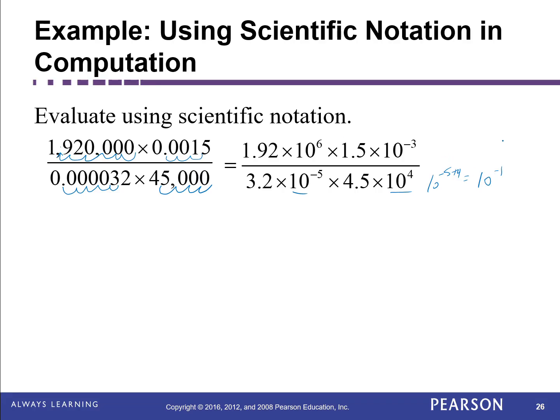I can go across the top here. Now I'm looking at 10 to the 6th minus 3. So this top should be 10 to the 3rd power. Now I've got something that looks like 10 to the 3rd power over 10 to the negative 1. If I move this up, it's going to actually look like 10 to the 3 plus 1, which is 10 to the 4th power.